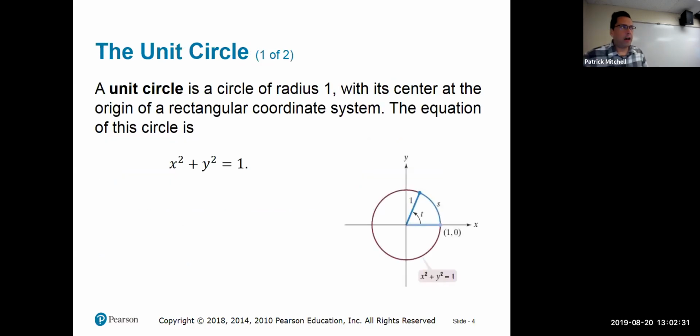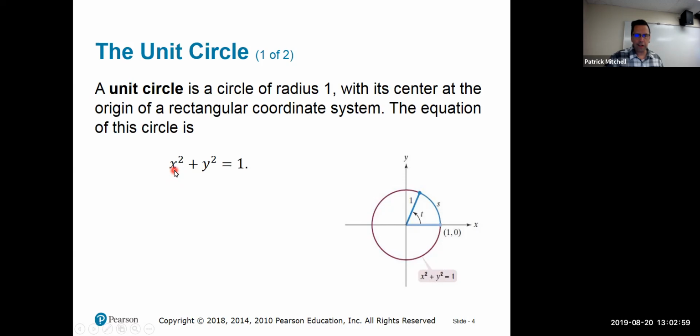Just a reminder, we touched on this before. Unit circle means a circle of radius 1, and we're going to put the center at the origin. If you think back to a few sections ago when we talked about equations of circles, this equation right here, x squared plus y squared equals 1, describes a circle whose center is at 0, 0.